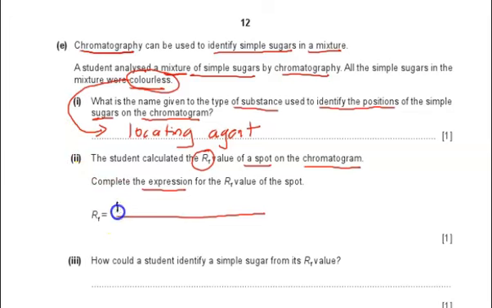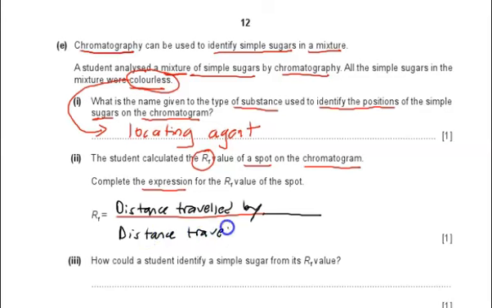So here will be distance traveled by, here also distance traveled by. First must be the substance.